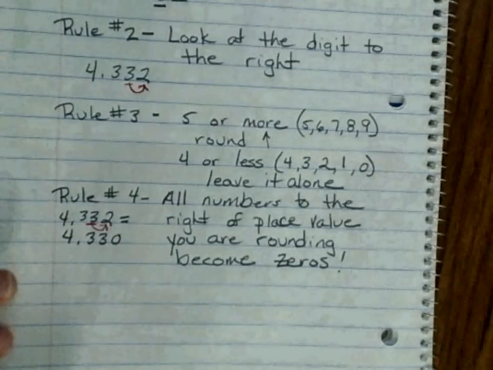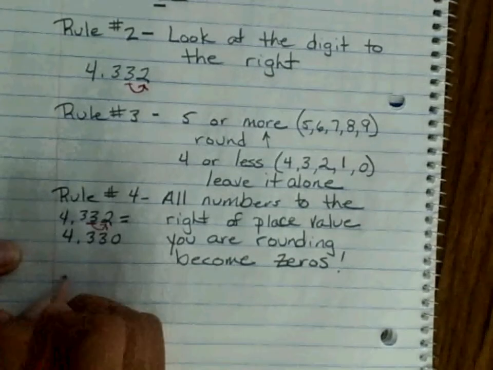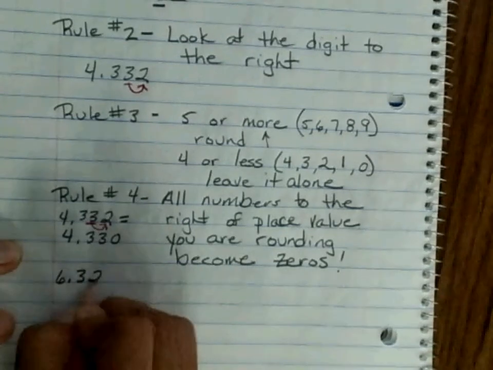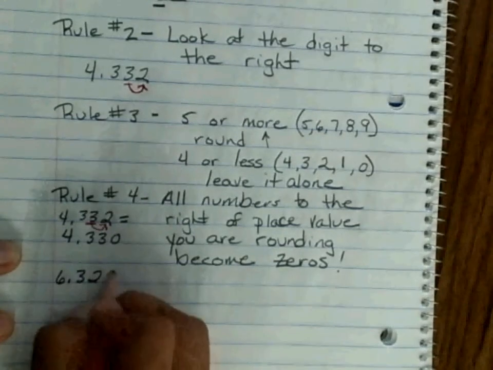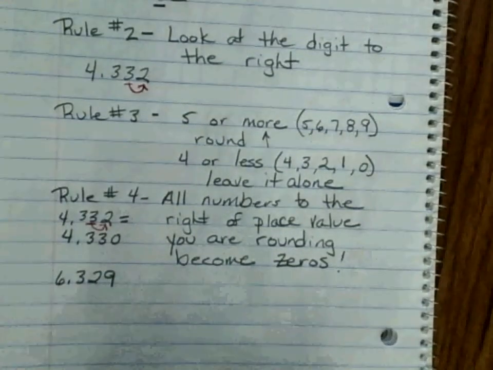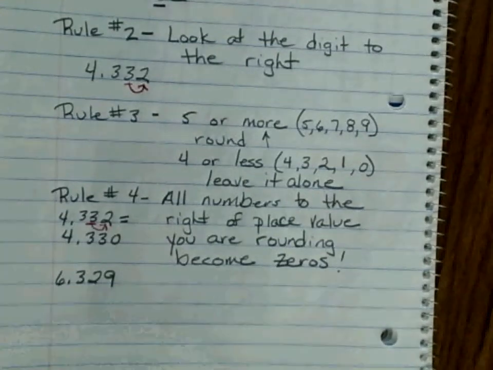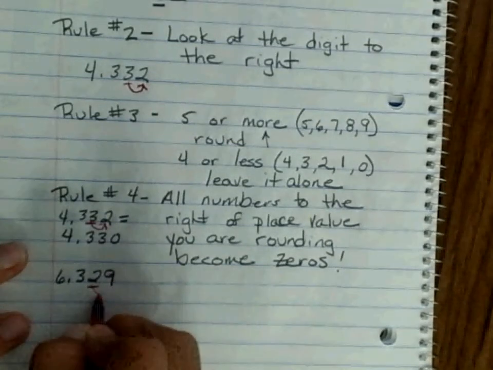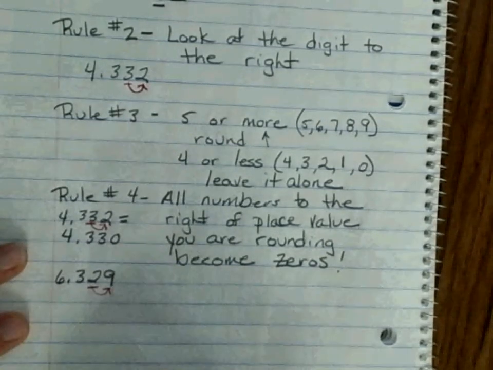So let's try this one. 6 and 329 thousandths. We're going to round this to the nearest hundredth as well. So we're going to underline the 2. The 2 looks at the 9.